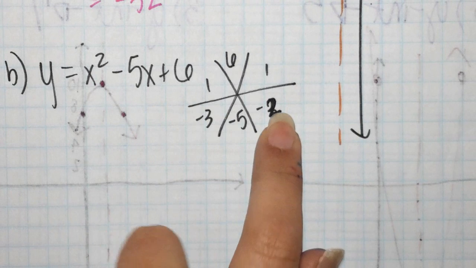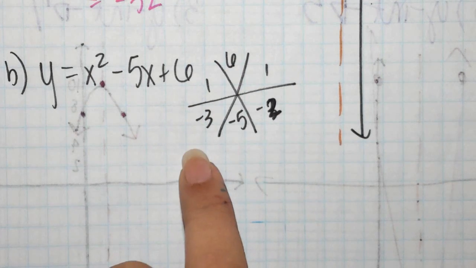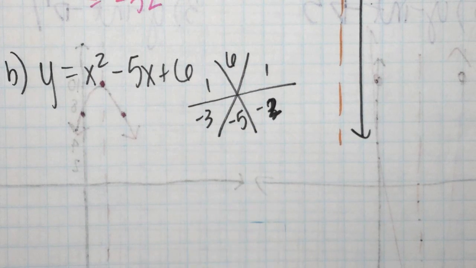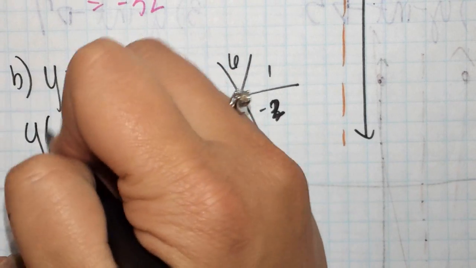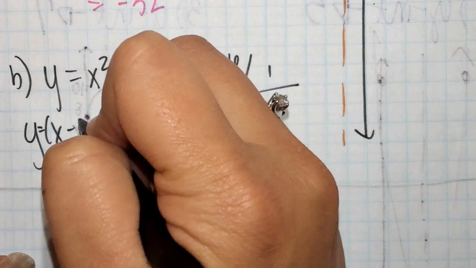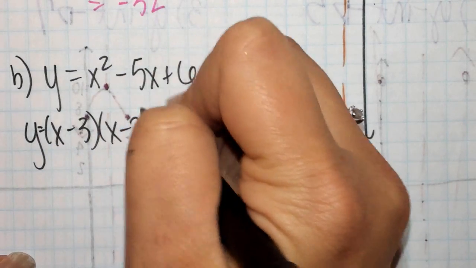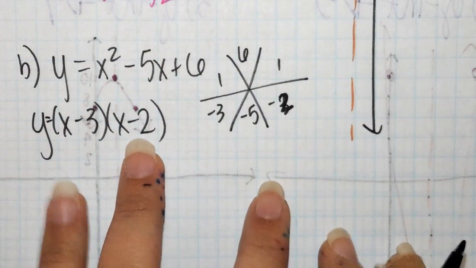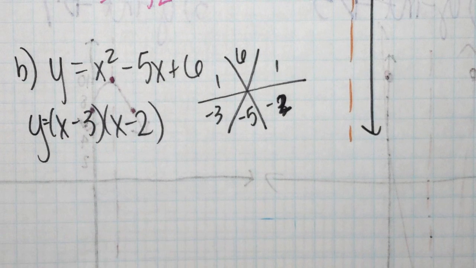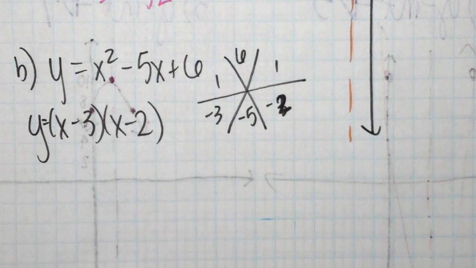Because negative 3 times negative 2 is positive 6, and negative 3 minus 2 is negative 5. And you would write it as x minus 3 and x minus 2. Graph it without me. So are we leaving it like that?